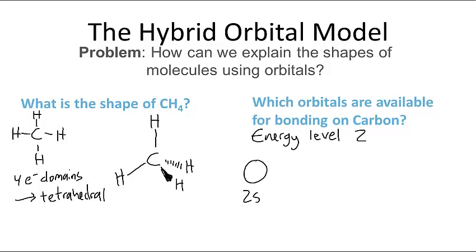And then I have 3 2p orbitals. The 3 2p orbitals are all perpendicular to each other. So we'd have one 2p orbital that looked like this, one 2p orbital that looked like that, and then one 2p orbital that's going into and out of the page. And they get called 2px, 2py, 2pz.